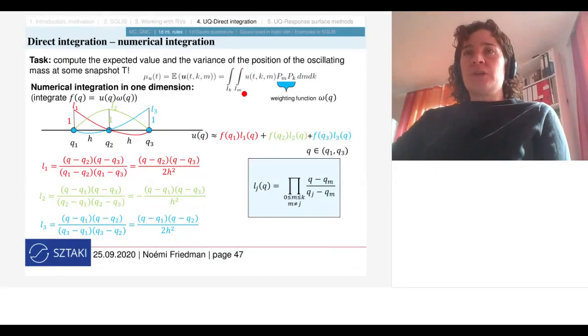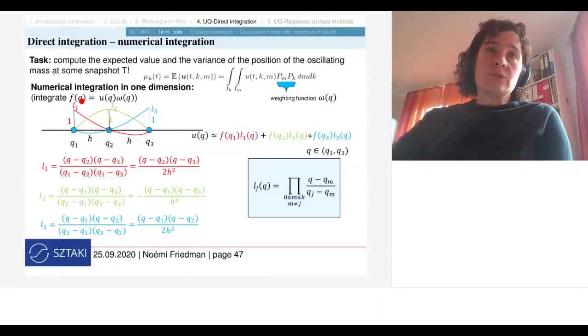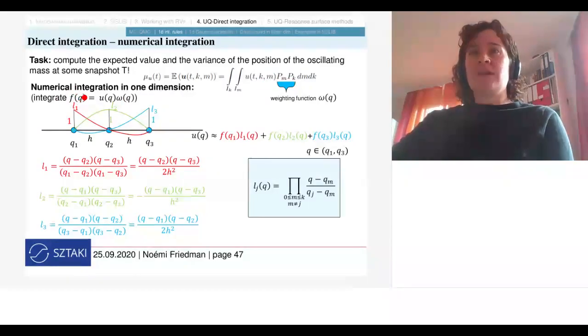I switched from U to F, and the reason is that now I'm not separating the weighting function from the U, but I say that the product of the two, I call F of Q, because now I'm supposing that I don't have two random variables, but only one random variable. So let's say it's called Q. And then I want to integrate this function F of Q. This is the function to be integrated.